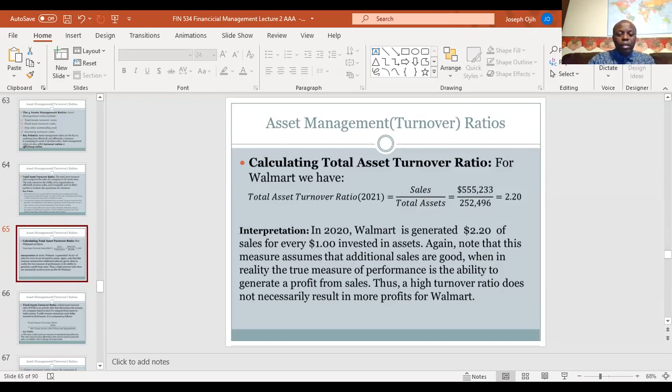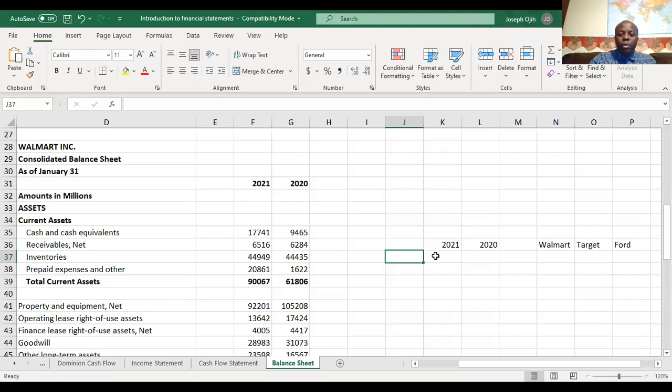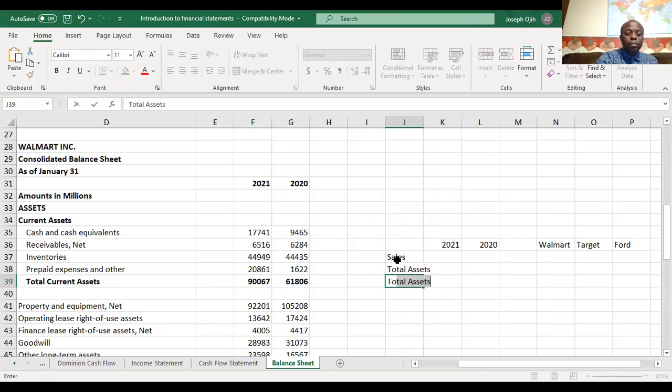Now let's see what we have for Walmart and then other companies that we need to evaluate. So we have, first of all, sales divided by total assets, and we have the total asset turnover ratio.